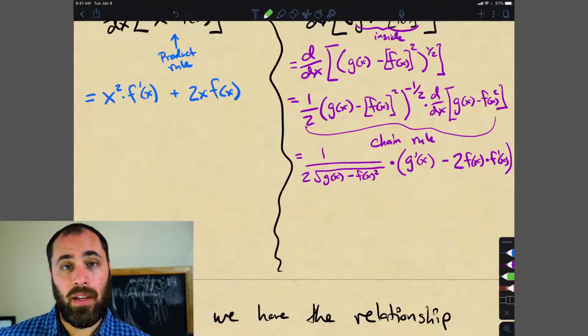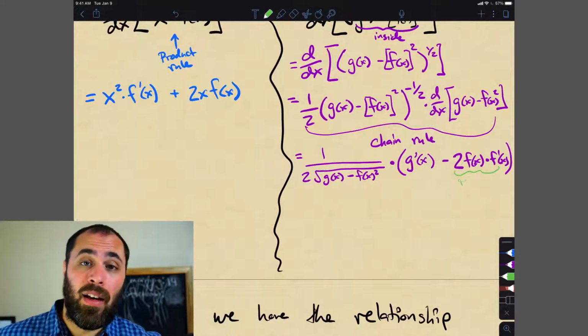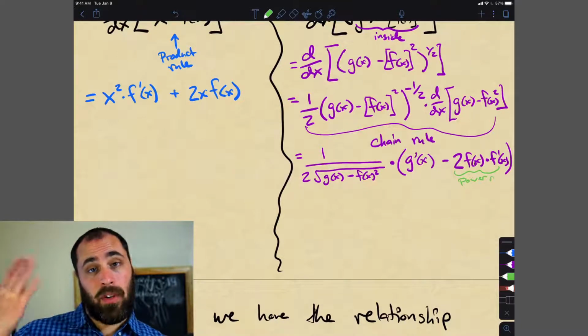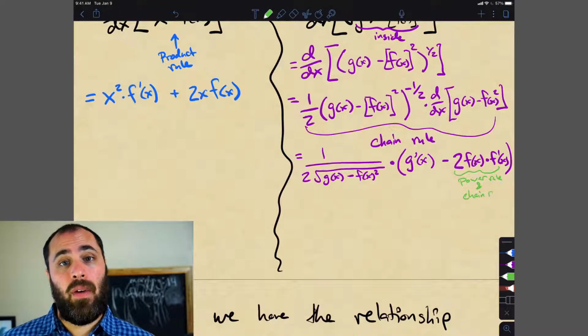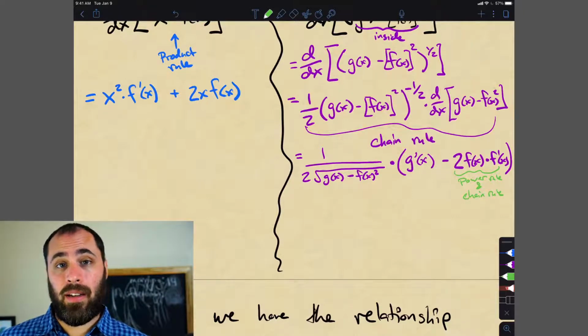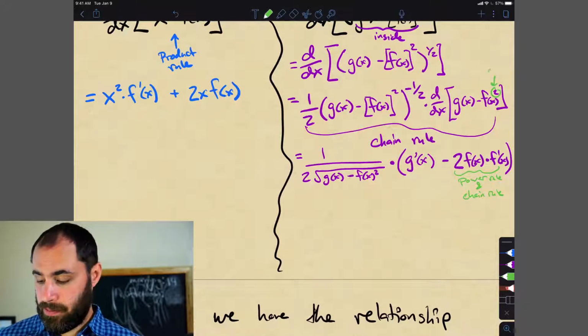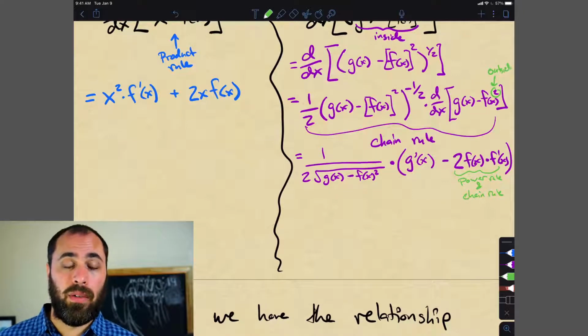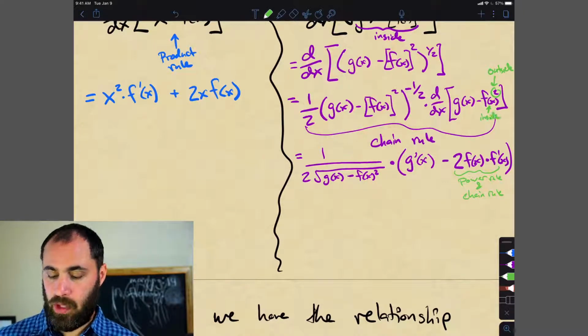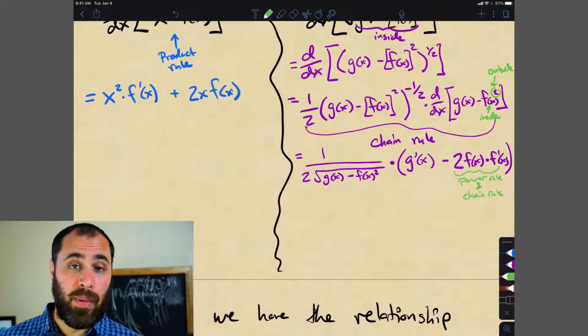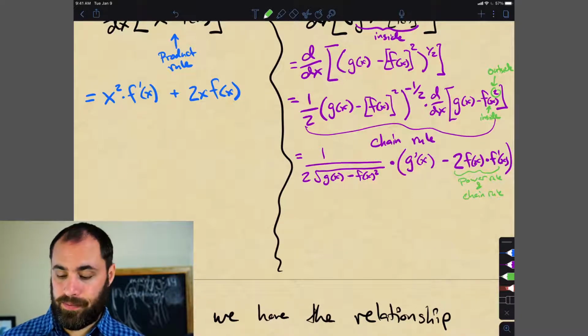We've got an inside function, that's f of x, an outside function, that's this power of 2, and so the 2 comes down, and then we multiply by the derivative of the inside, f prime of x. So here we use the power rule and the chain rule. So that's a beast, but that's what we get by carefully applying all these ideas.